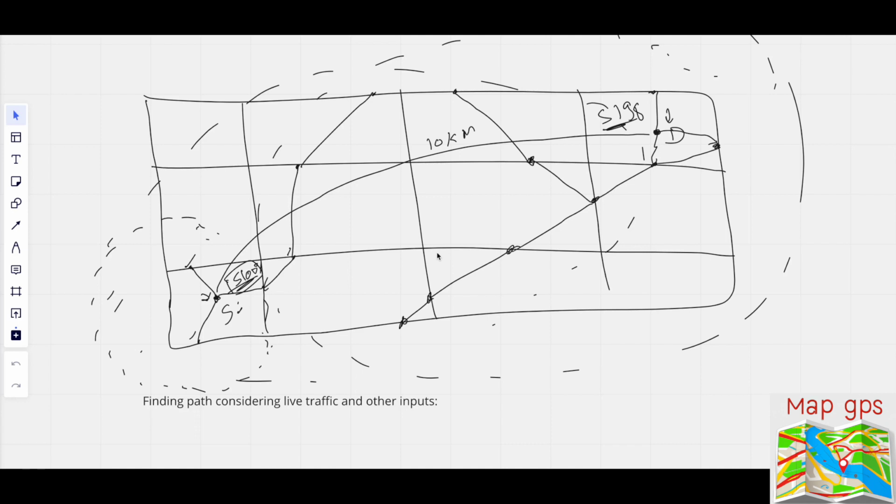And again, in the same fashion as I did earlier, I will store that info in my segment. Basically, from S1000 to S198, the distance might be 15 kilometers, and the path is this: go from S1000 to the neighbor, to the next neighbor, to the next neighbor, and you will reach S198.